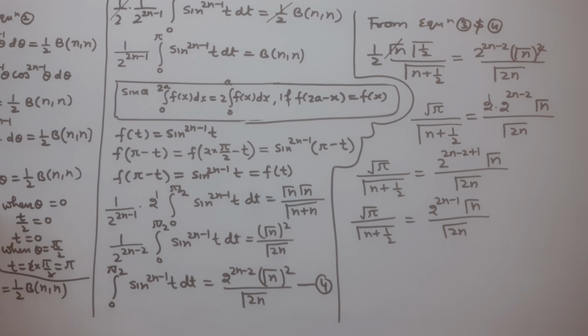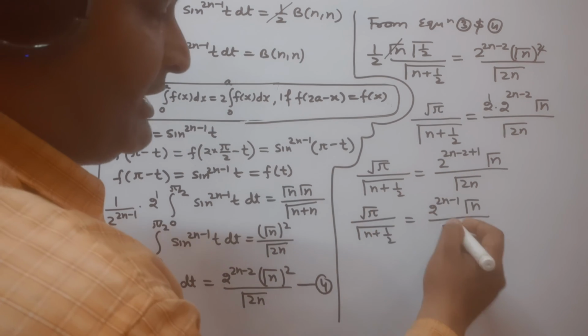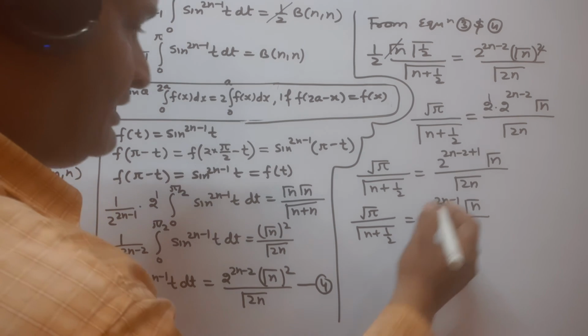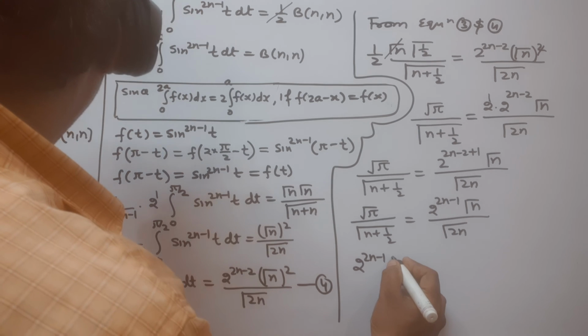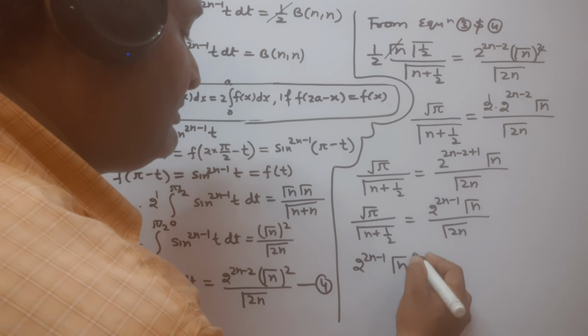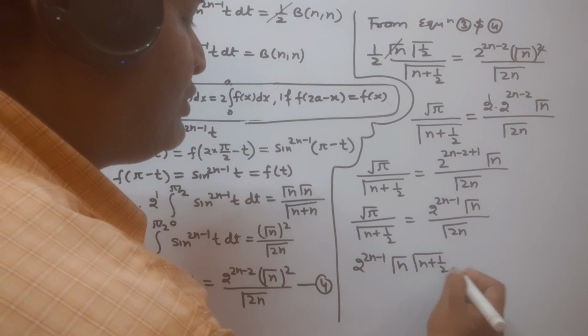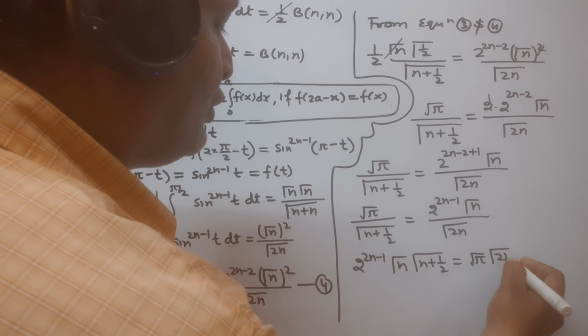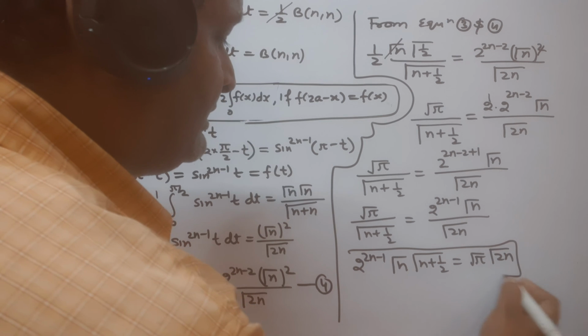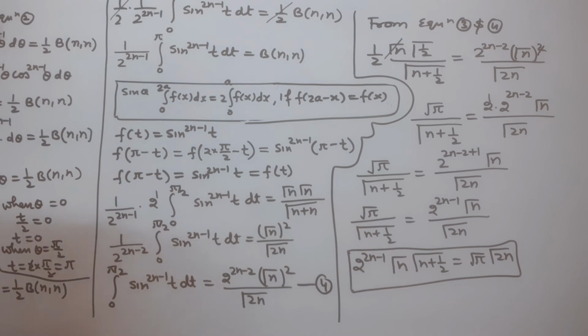Now we do this cross multiplication, so we write 2 to the power 2n minus 1 multiplied by gamma n multiplied by gamma n plus 1 by 2 is equal to root pi and gamma 2n. So this is the Legendre duplication formula.